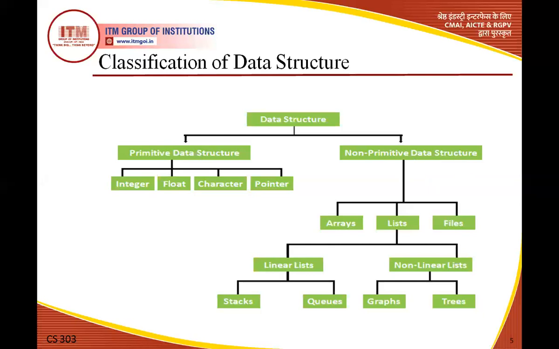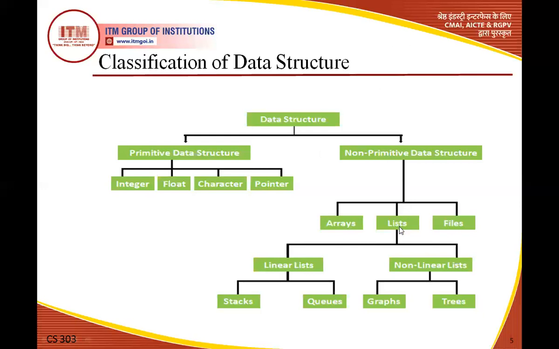This is called array. And then lists and files. I just give some names and an introductory part, and in the next slide I will elaborate what array, list, and files are.